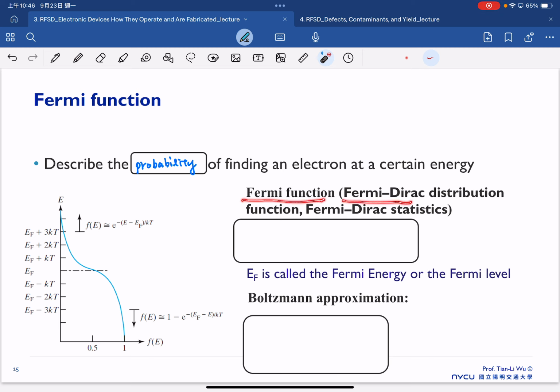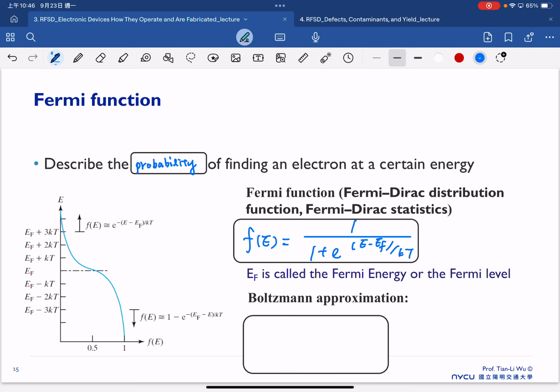Sometimes we call it the Fermi-Dirac distribution function, or the Fermi-Dirac statistics. So that's how the equation looks.